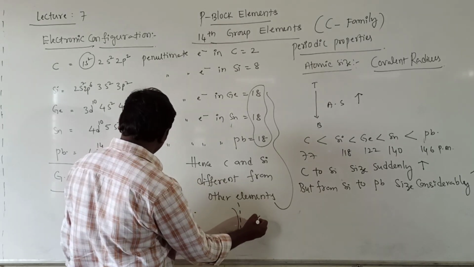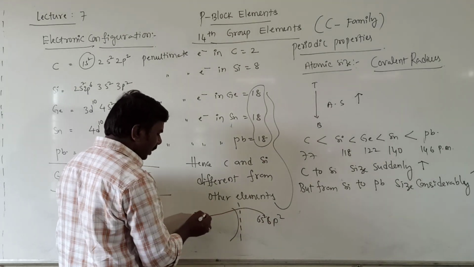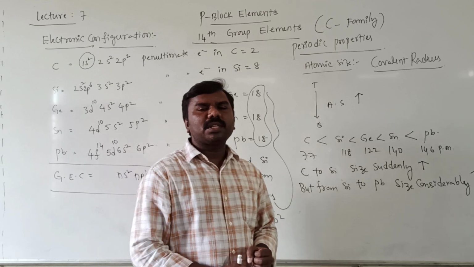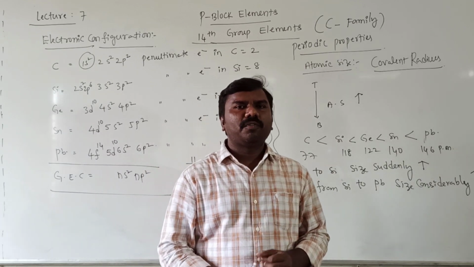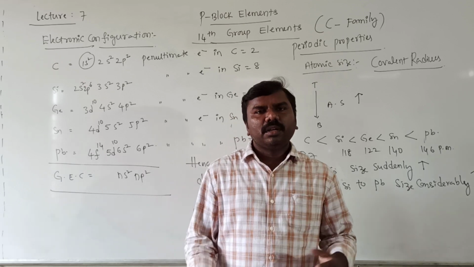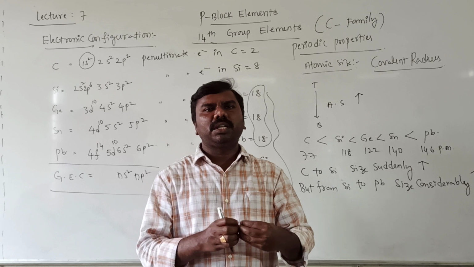The outer electrons are 6s2, 6p2. Because of the poor screen, these electrons are attracted towards the nucleus. Due to the poor screening effect of 4f and other d orbitals, the screening is weak and obviously electrons are attracted towards the nucleus.